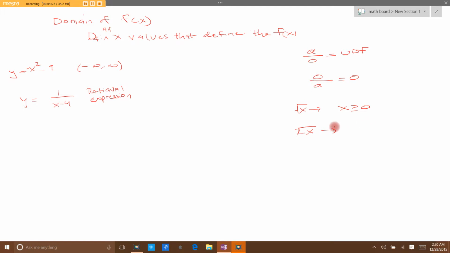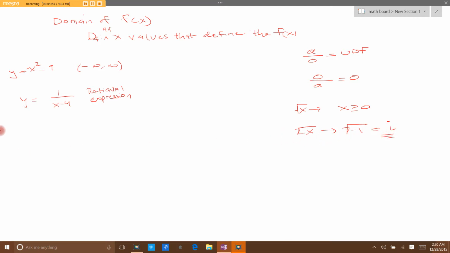If you have the square root of -1, then you introduce imaginary numbers. Keep that in mind. So you do have a restriction, and this is usually where you find restrictions: rational expressions, square roots, and there's a variety of others, but these are the most common, at least the ones I've seen so far with your work.